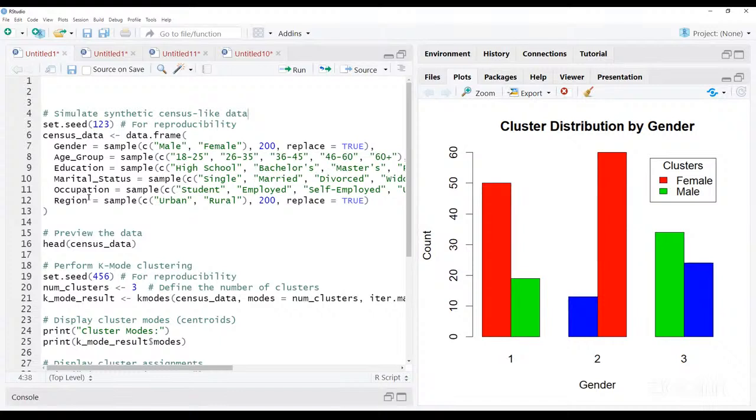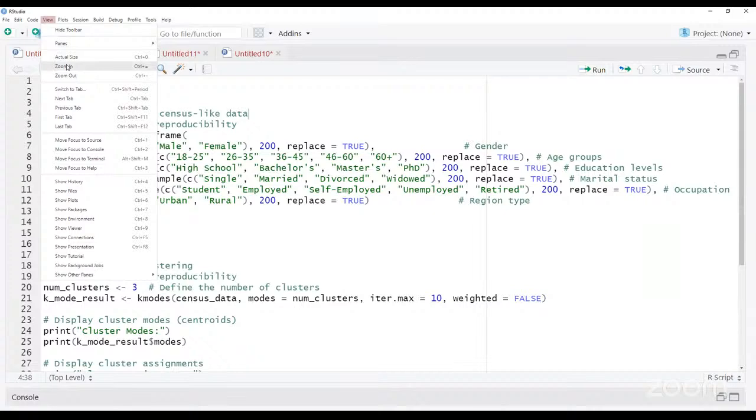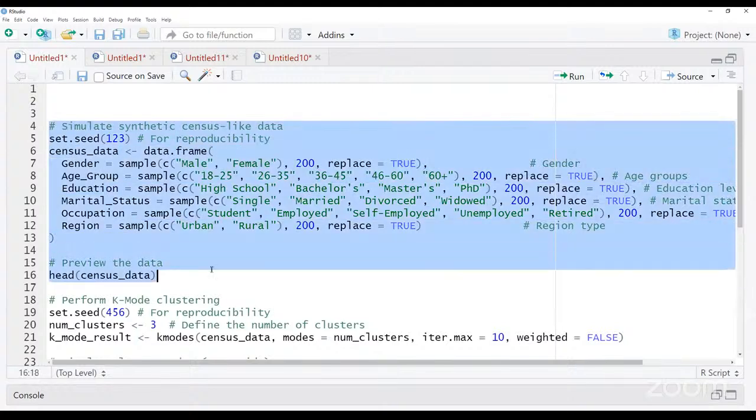Census data. This is the data frame. It includes gender, age group, education, marital status, occupation, and the region. So these are the census data. Head census data. Farah, you just click head census data. Before that, you select the previous one.